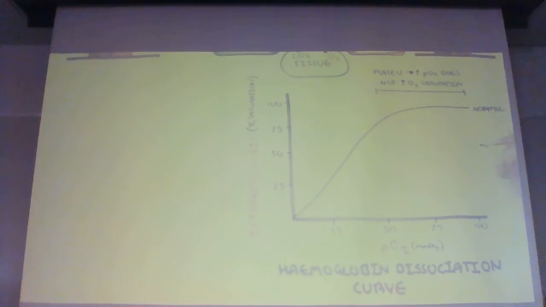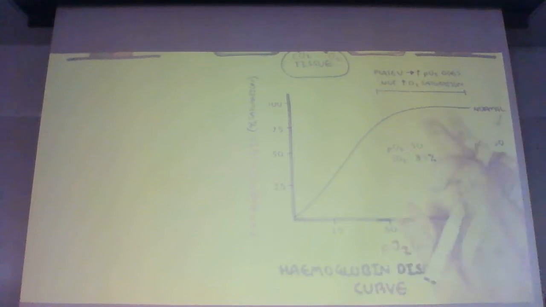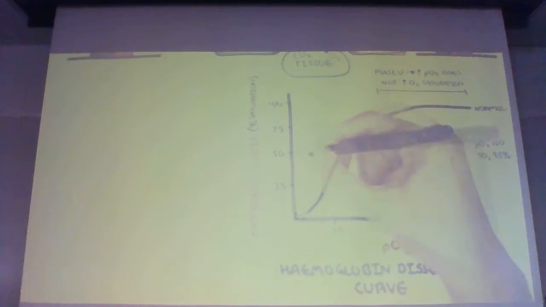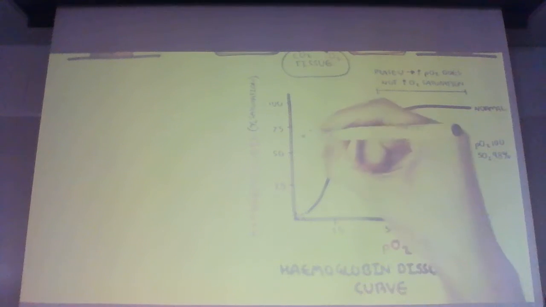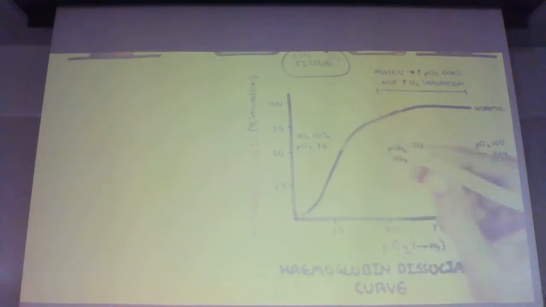So at the plateau, you can see that the partial pressure of oxygen of 100 already has an oxygen saturation of 98%. So there's not much change. Whereas before the plateau, a partial pressure of oxygen of 50, let's just say, already has an oxygen saturation of 85%. So a dramatic change. So note that small changes at low partial oxygen pressure lead to large changes in oxygen saturation. Another example is that a low partial pressure of oxygen, such as 26, already has an oxygen saturation of 50%.